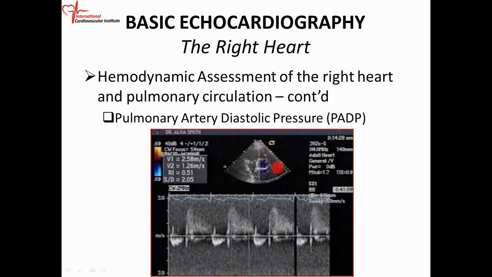Blood is flowing from the pulmonary trunk across the pulmonary valve into the right ventricular flow tract. It's moving towards the transducer and sits above the baseline. This is the early velocity, and this is the end velocity. So that's the end velocity you need. 4v squared, this is the velocity, plus the right atrial pressure to get the PA diastolic pressure.